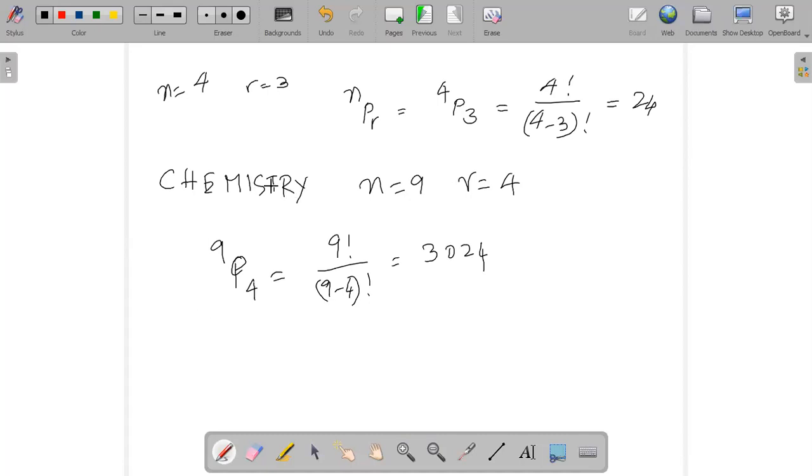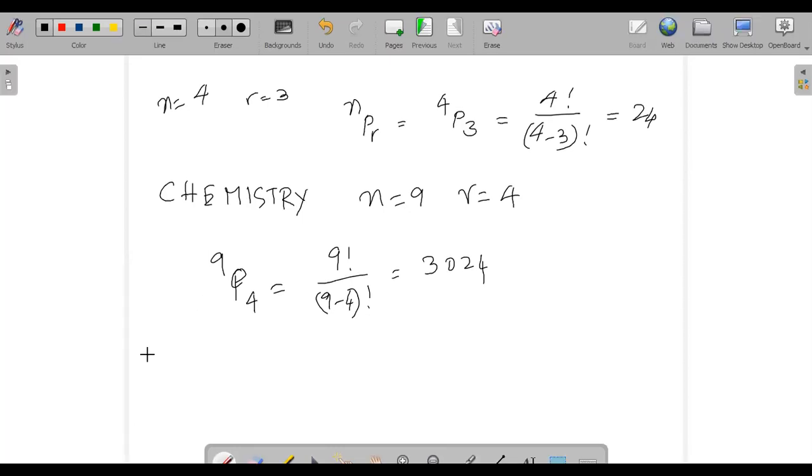Please check 3024. Sorry, actually I multiplied 450 into 6 instead of 504 into 6. It is 9 into 8 into 7 into 6. So it is 3024. This was easy.